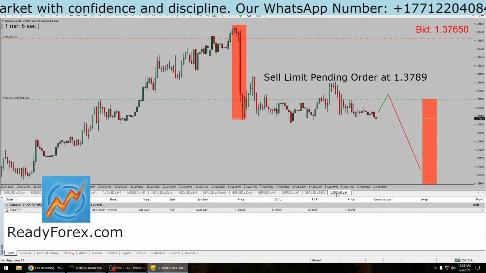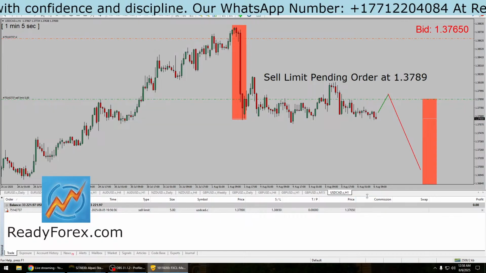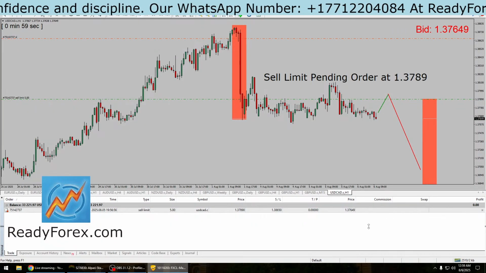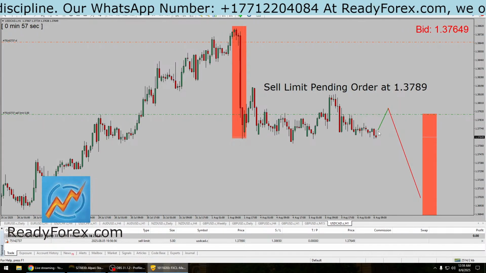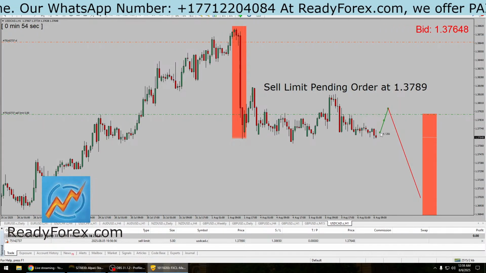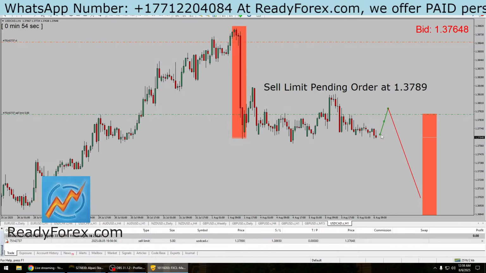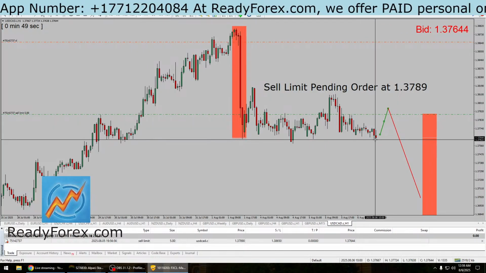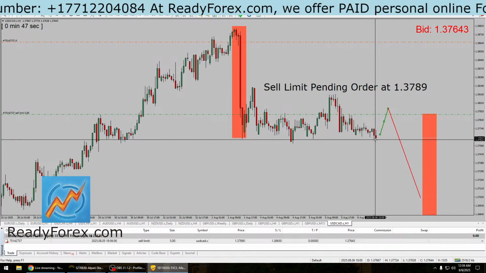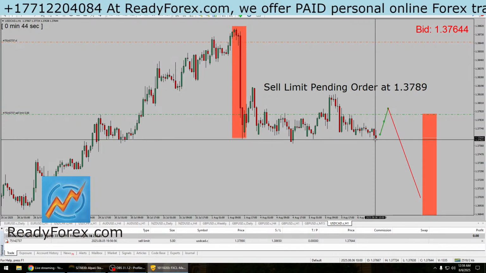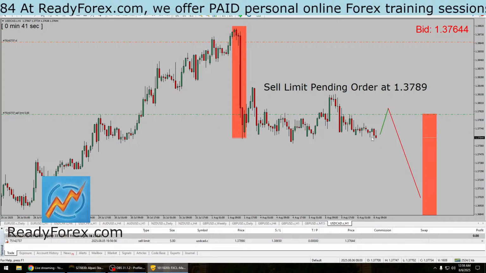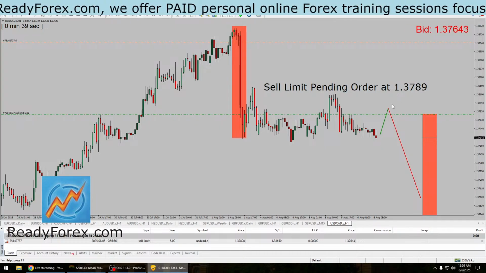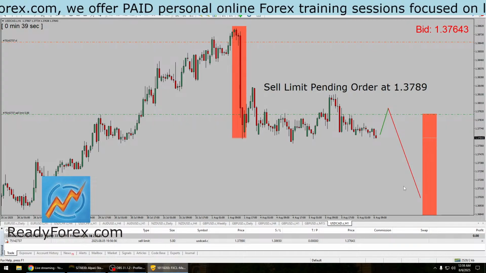Okay, and regarding the USDCAD, at this point in time, I'm waiting for the price action to rise up first and fill the sell limit pending order. So far market just keeps trying to go down and down over here, so still waiting for the USDCAD to rise up and fill the pending order.